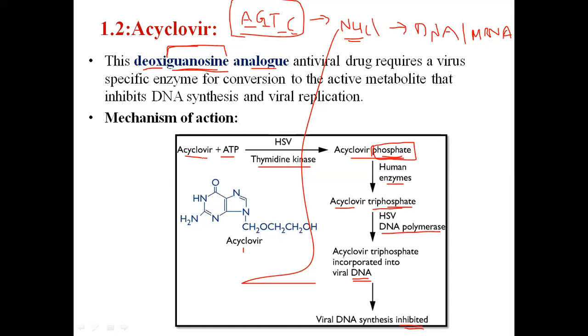Again I am repeating: acyclovir, with the help of ATP, is converted into acyclovir phosphate, then into triphosphate, and then it is incorporated into DNA. So at the end, the DNA synthesis is now blocked. This is the mechanism of action. HSV is herpes simplex virus.